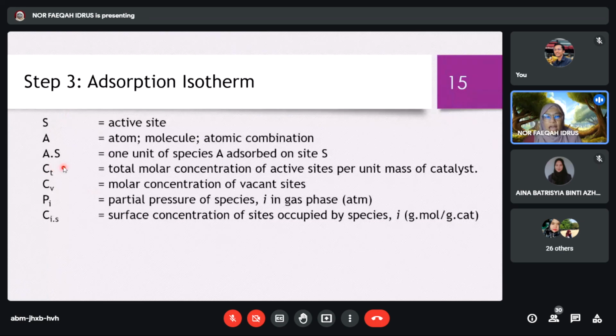Okay, and then we have the term A.S. What is A.S? A.S here is the reactant, in terms of atom or molecule, that is adsorbed on the active site.